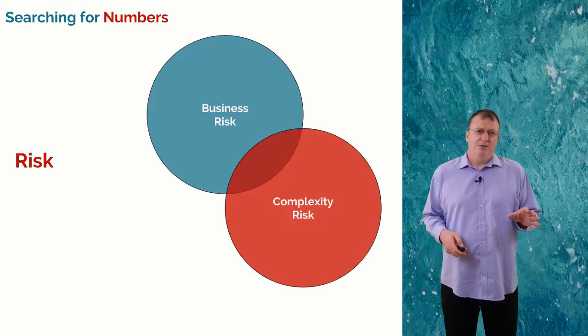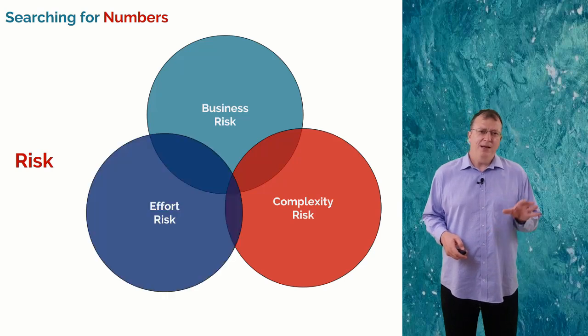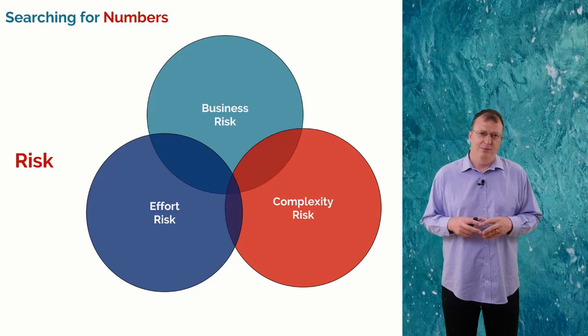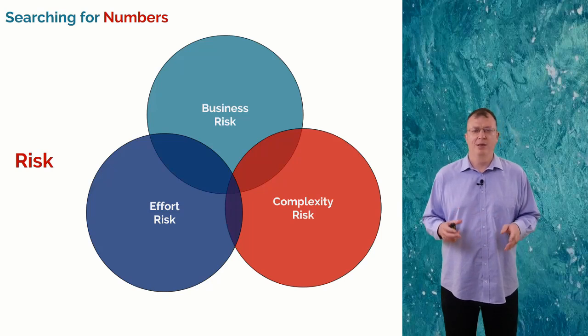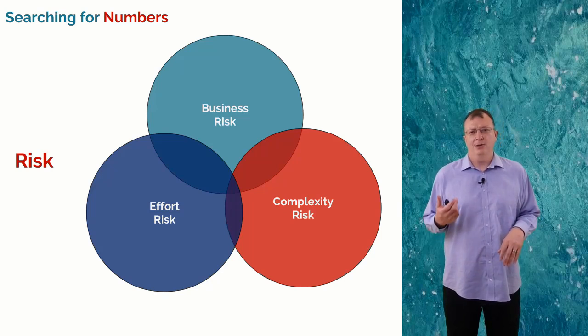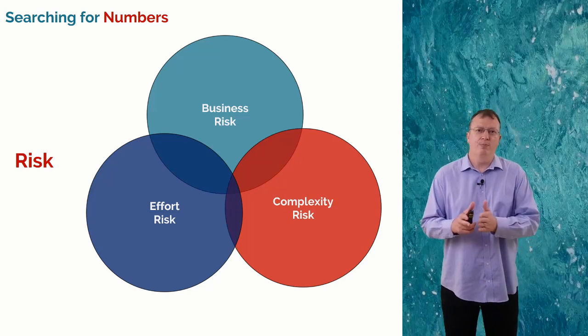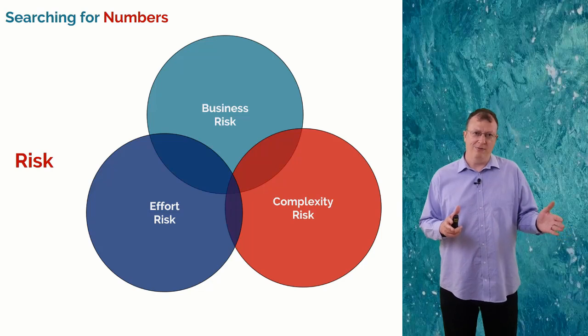Then there are two aspects, complexity and effort. So let me start by talking about effort, really. Let's say we're painting a fence. Part of the solution is painting a fence. And it takes us about, let's say, 1 hour to paint the first 3 meters of fence.